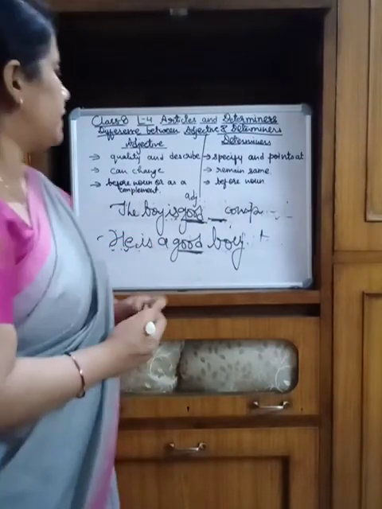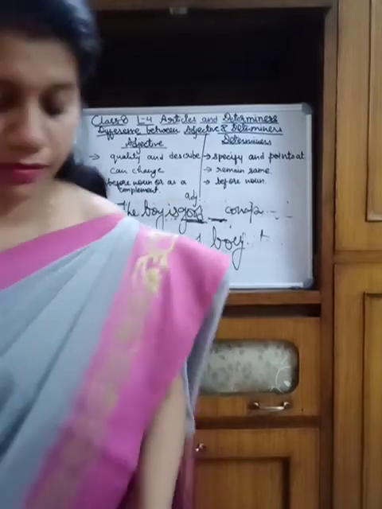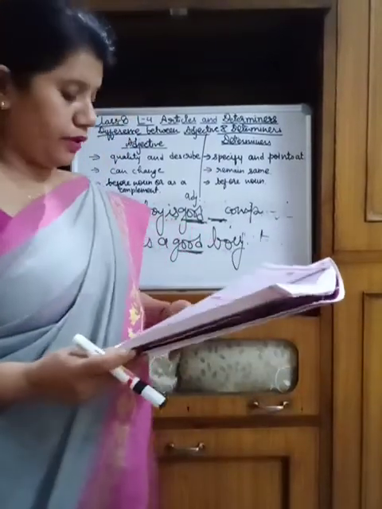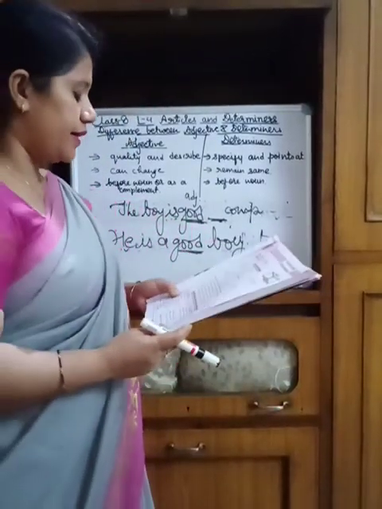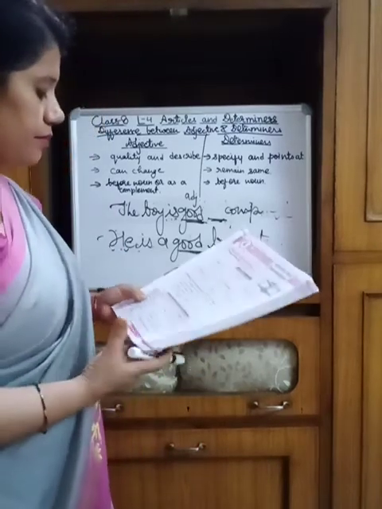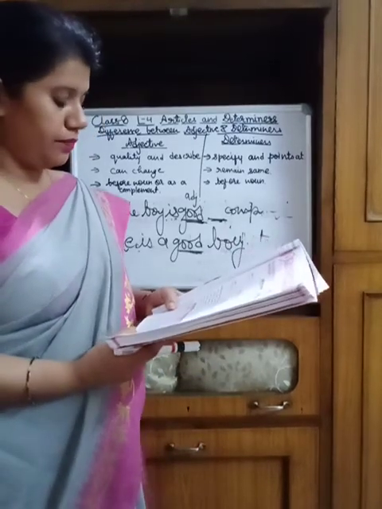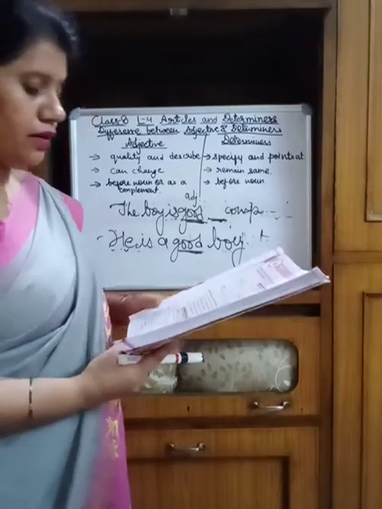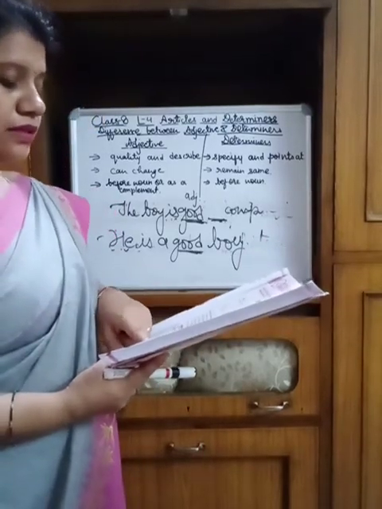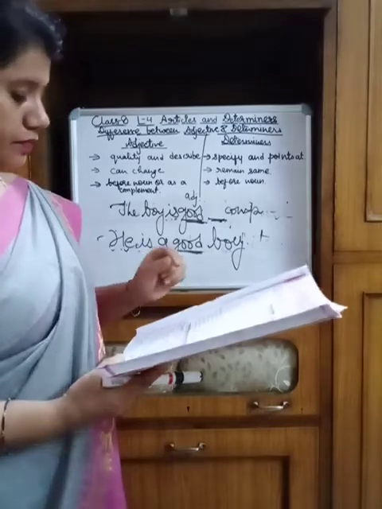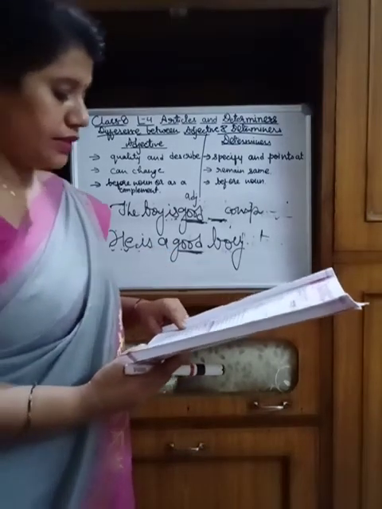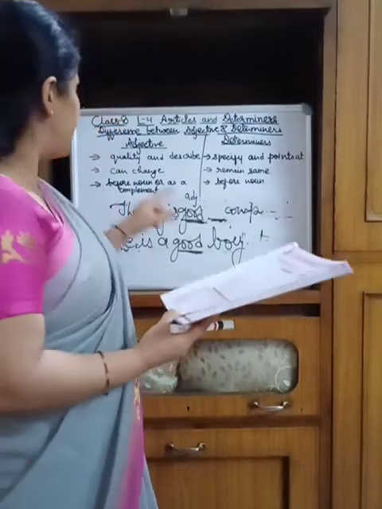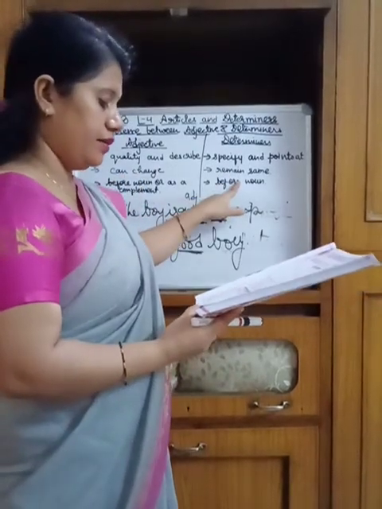So now let's read the explanation given in your book. Adjectives tell some special quality of a noun and tell what kind of a person or thing is meant. Determiners tell us which one. Second, the form of an adjective can change, but the determiner remains the same.